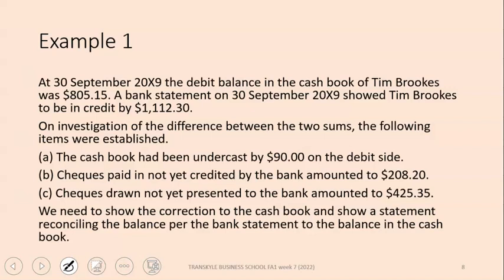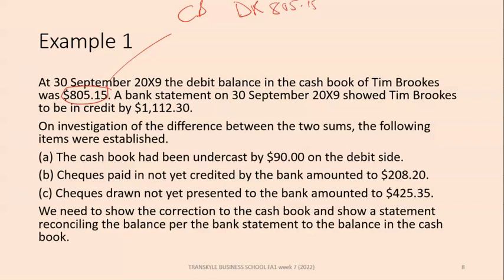All right. So at this September 2009, the debit balance in the cash book of Tim Brooks was $805.15. So the cash book was having a debit of $805.15. That's our balance brought forward.